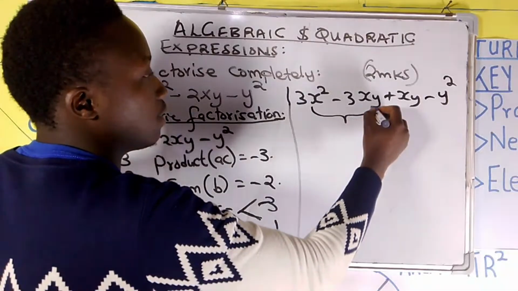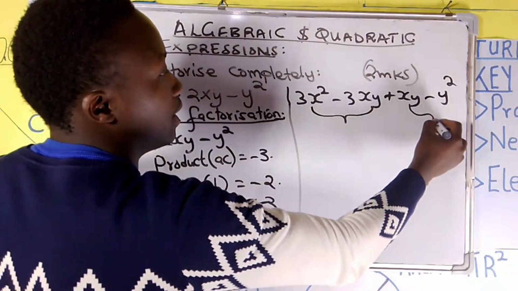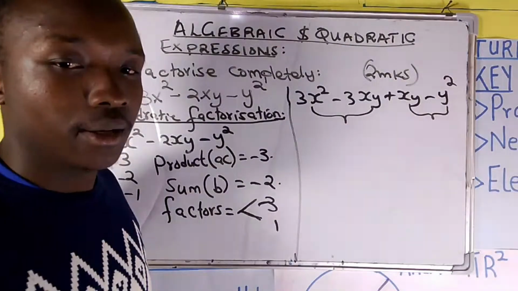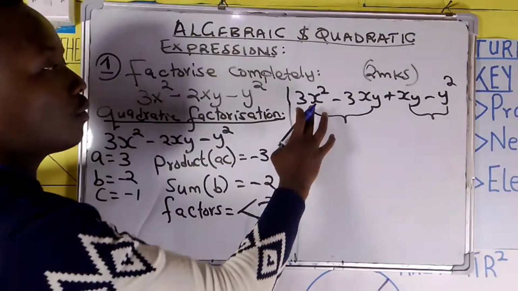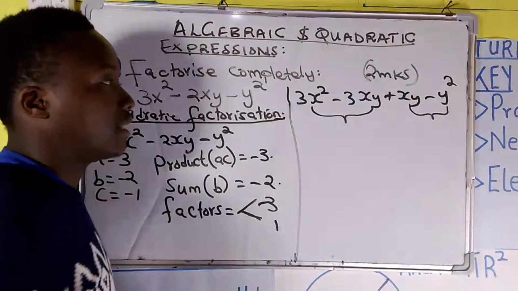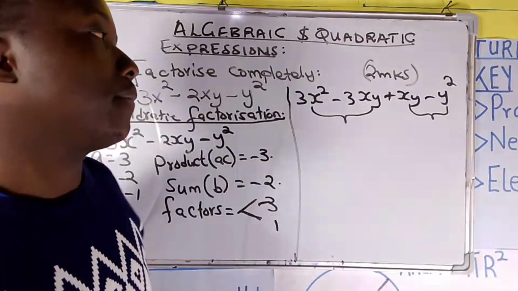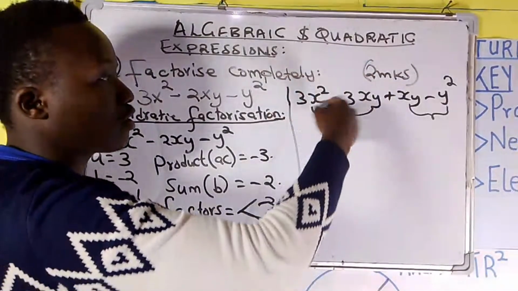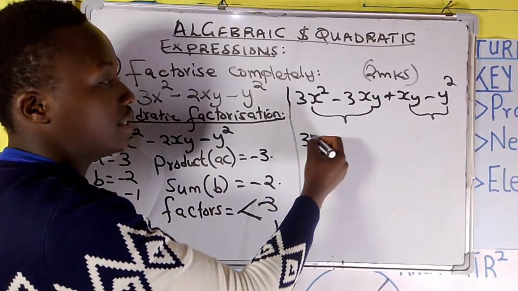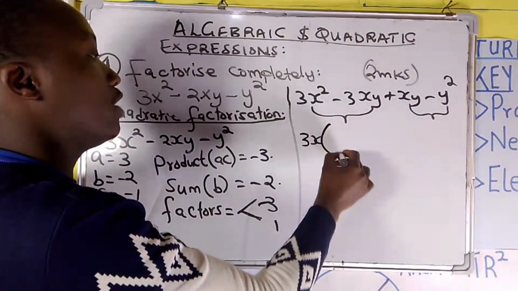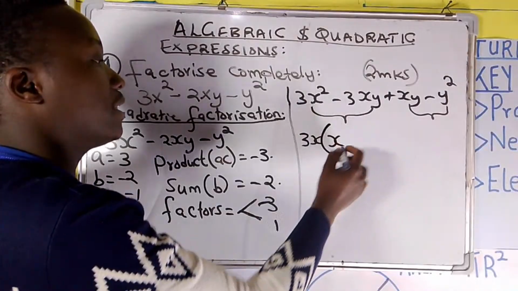We factorize by grouping. We will factorize these two, and we will factorize those two. We will take the greatest common divisor that can divide both 3x squared and 3xy, and in this case it is 3x. So it is going to be 3x, then into bracket we will have x.